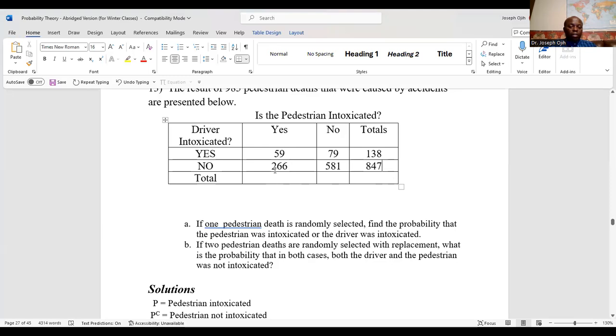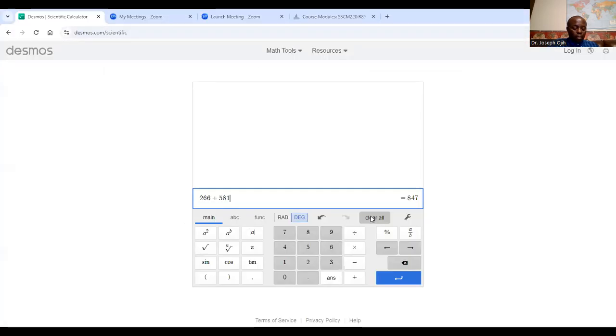Then let's do these columns. We have 59 plus 266, which is 325.